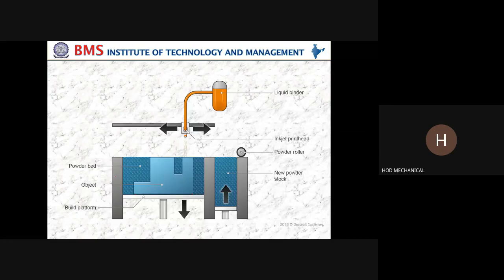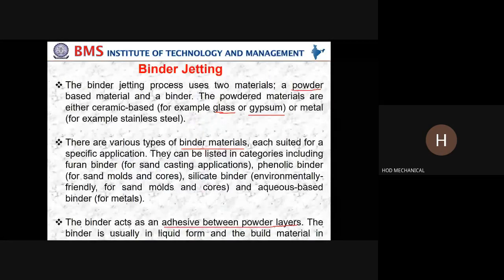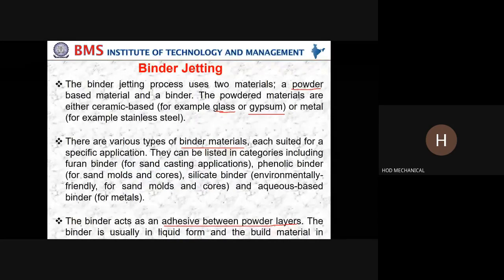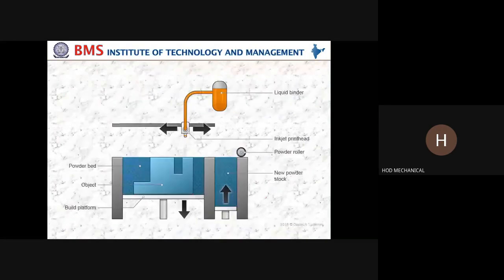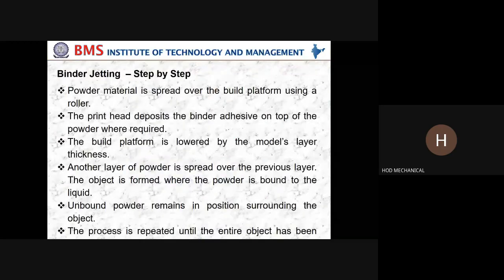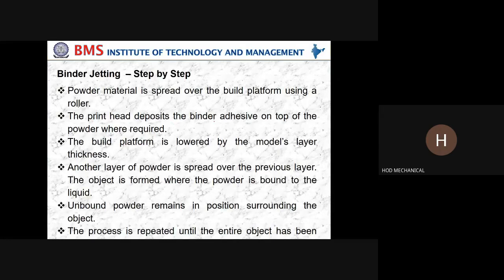Right, now there are various types of binder material, that is done. Powder material is spread over the build platform using a roller. The print head deposits the binder adhesive on top of the powder wherever it is required.